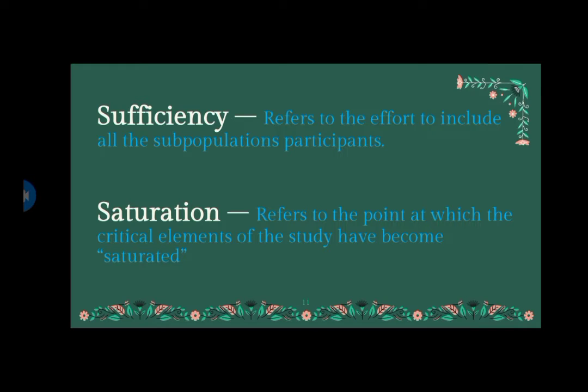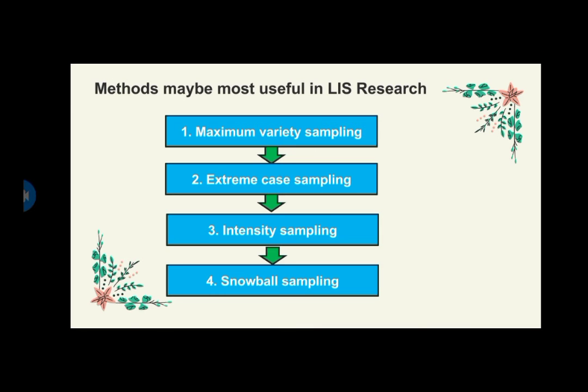In LIS research, the following methods may be most useful: maximum variety sampling, extreme case sampling, intensity sampling, and snowball sampling. Maximum variety sampling seeks as heterogeneous a sample as possible and is useful when seeking to identify patterns and commonalities that exist across otherwise divergent individuals.